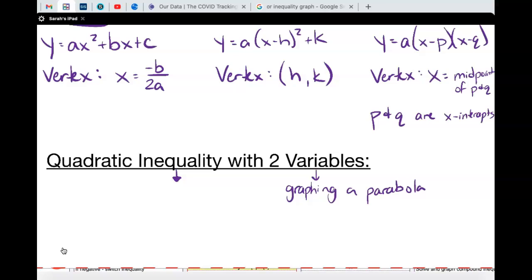We have a different symbol. Greater than. Yeah, so all those: less than, greater than, less than or equal to, greater than or equal to. And we worked with inequalities before when we were doing linear graphs. Does anybody know how the graph of a line changed when we were given an inequality? You had to add two pieces.